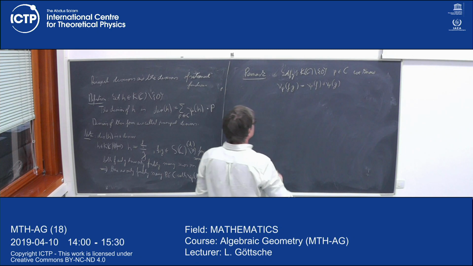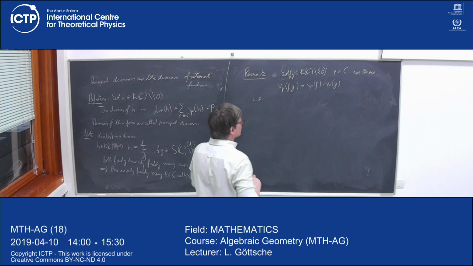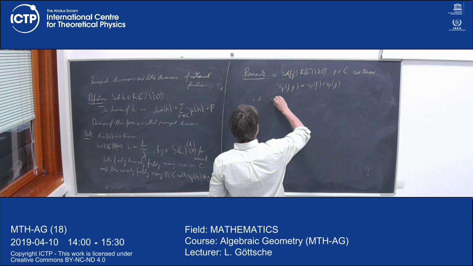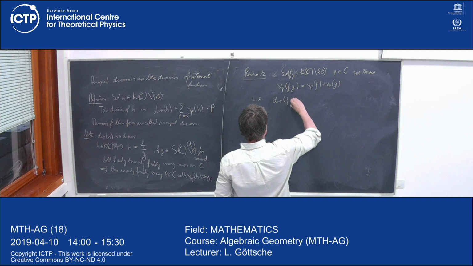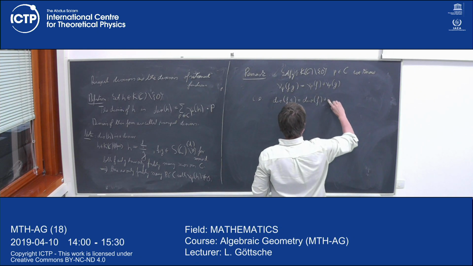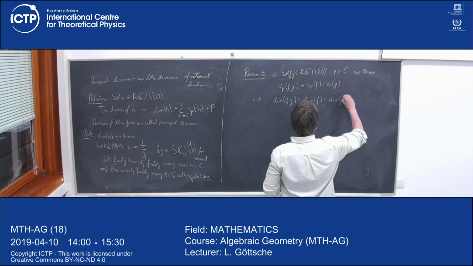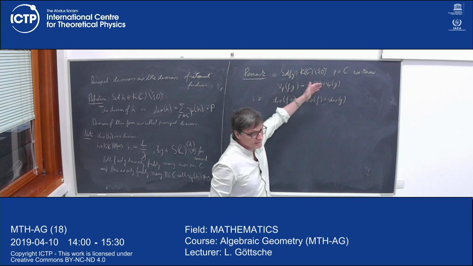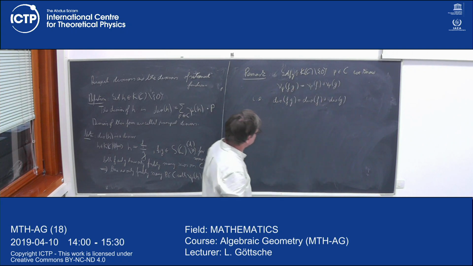So this statement says that the divisor of F times G is equal to the divisor of F plus the divisor of G, because the divisor is just the sum over all points of nu_P of it times P, so it just adds up like this.